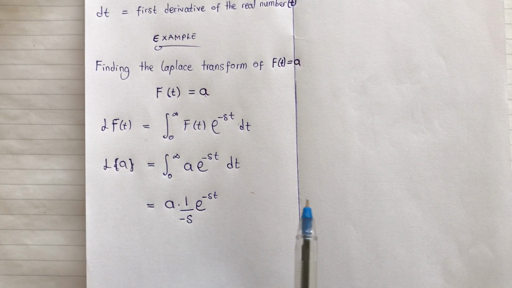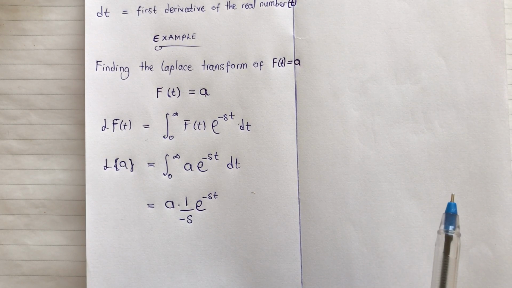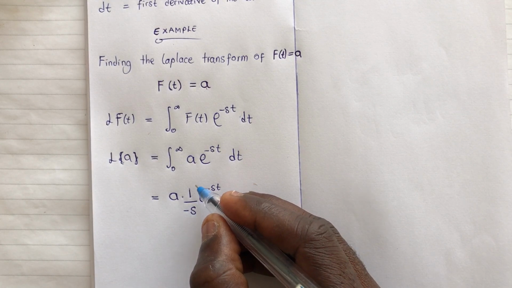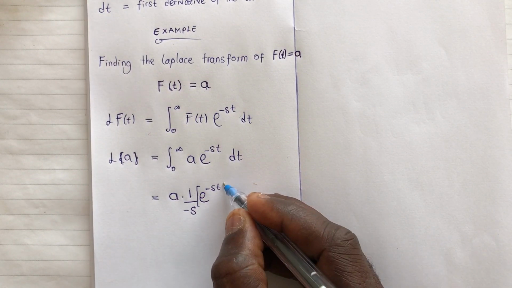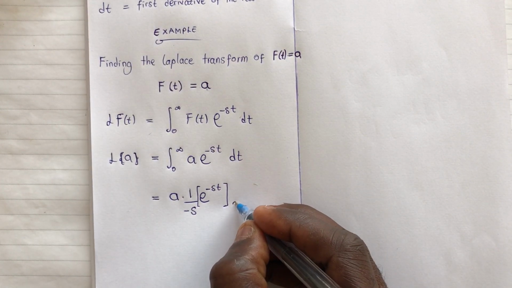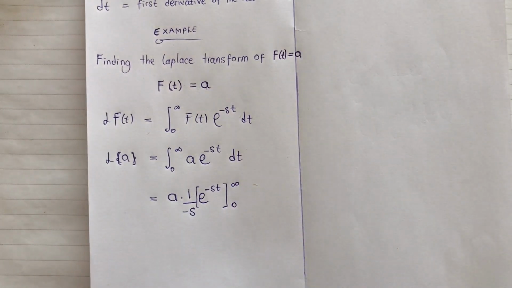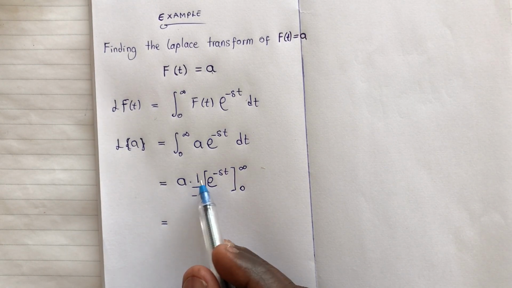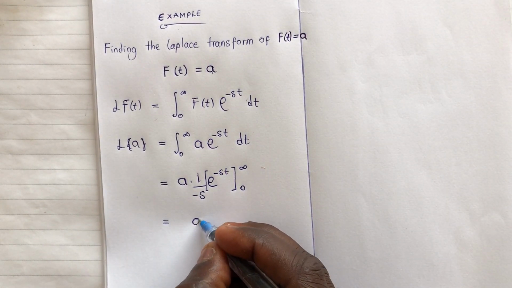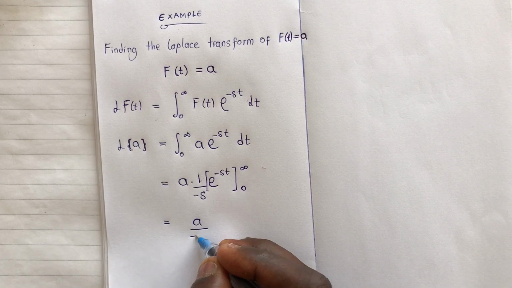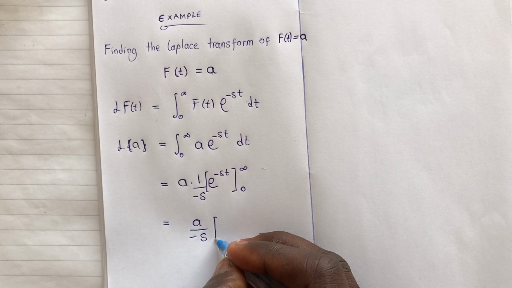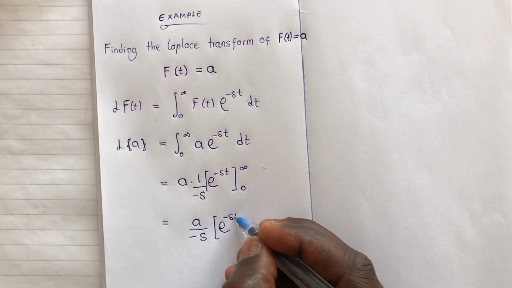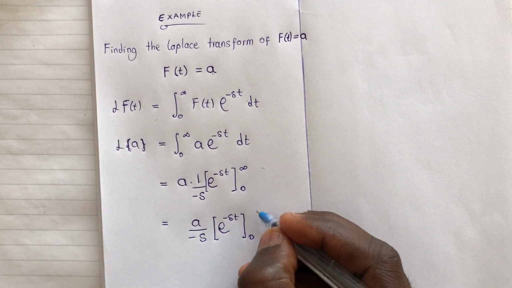Now we just have to introduce our lower and then our upper limit. Okay, so we just put this side in bracket, and then we introduce our 0 and then our infinity. So when we rewrite this equation, we are getting a times 1, which is the same as a, all over negative s, then introduce your upper and lower limit, e to the power minus st in bracket 0 to infinity.